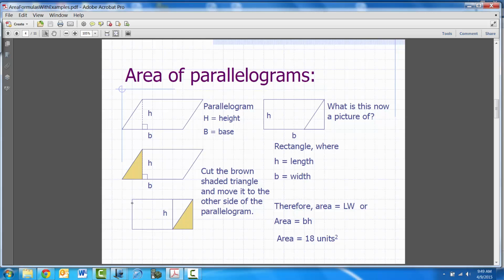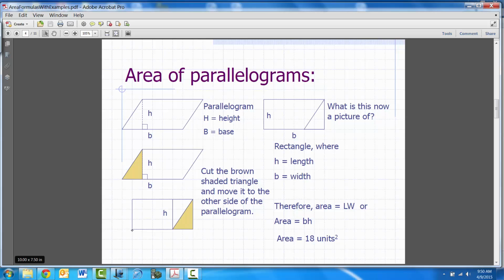Once I do that, I've made this parallelogram a rectangle. So this is the height of this rectangle, or the height of the parallelogram. And this side right here ends up being this length as well, which is the base.